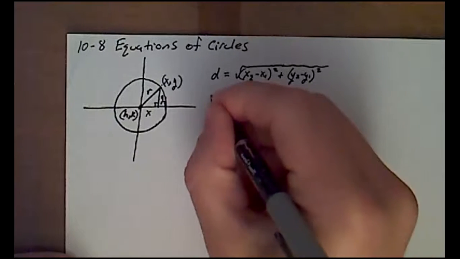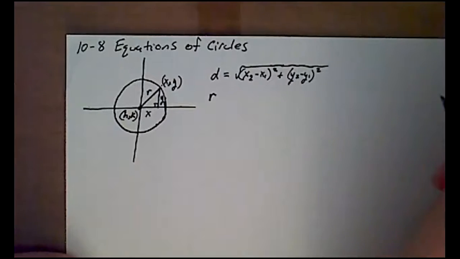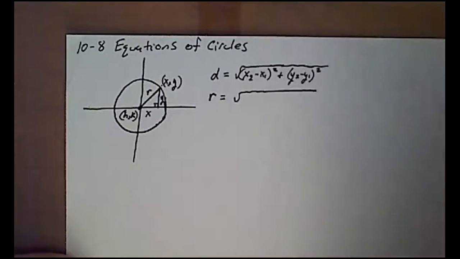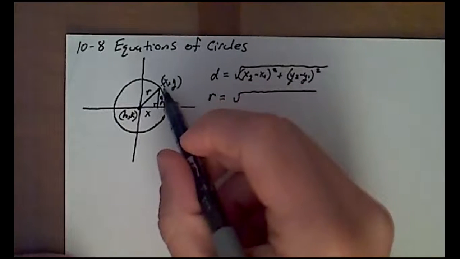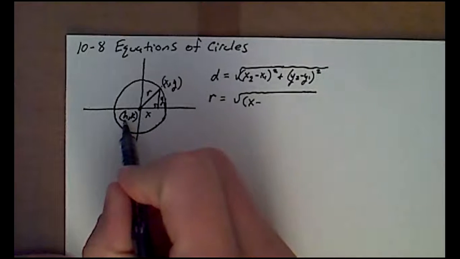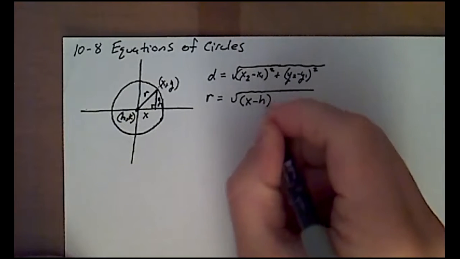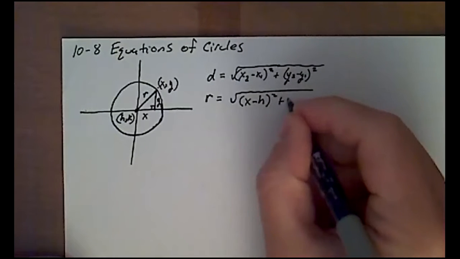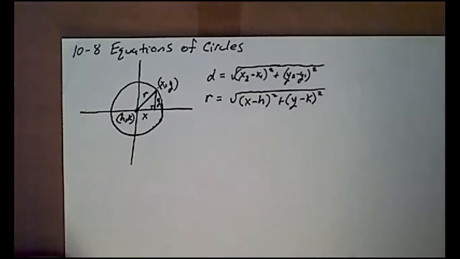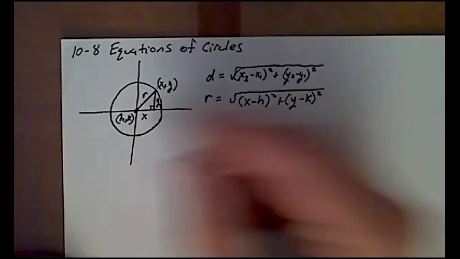So we're going to do some substituting here. The distance we're talking about is the radius r. Now we're going to change x2 to just x, minus the other value of x, which is h. y2 is y, minus k, which is the other y value.